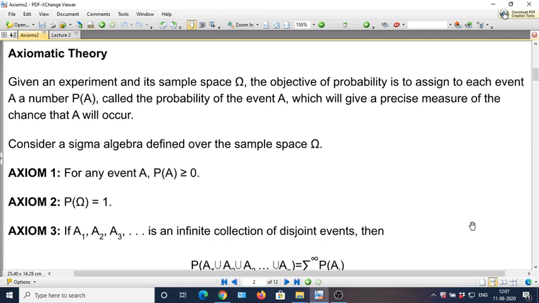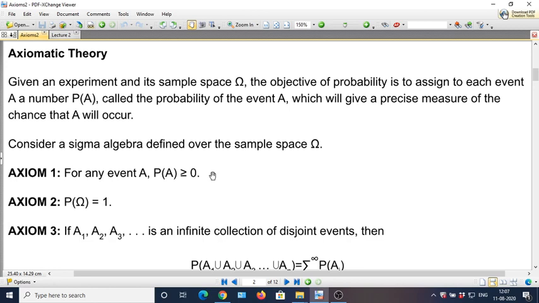So to this end we first construct a sigma algebra, which is a class of events or subsets of the sample space which is closed under the set union and set complementation operation. For any event A which is a subset of the sample space omega, the first axiom tells that the probability measure for the event A is a number which is greater than or equal to 0.